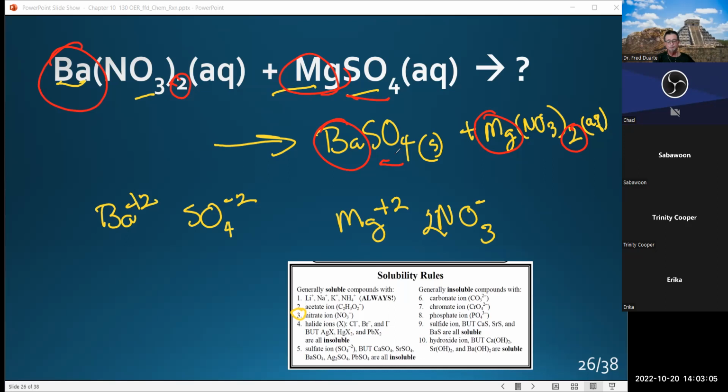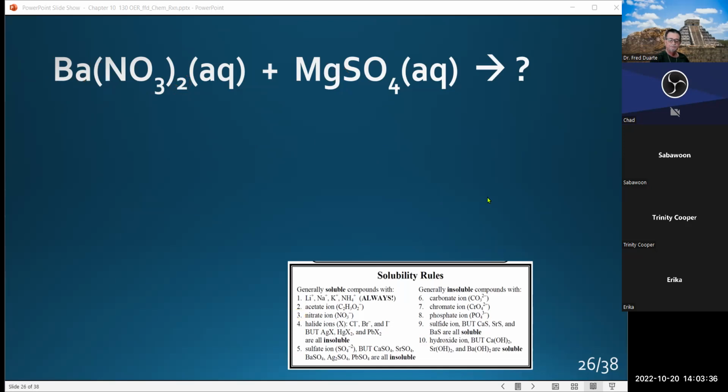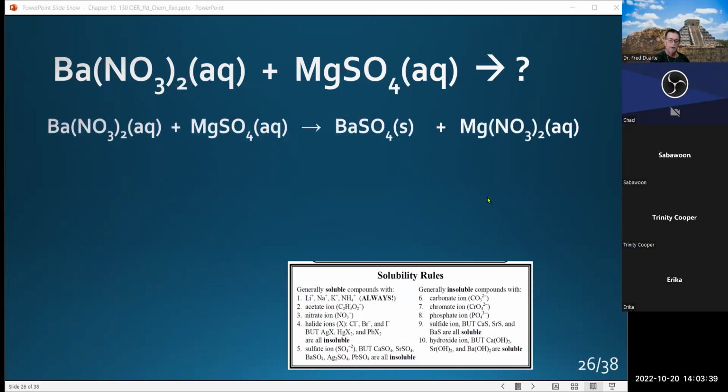It is balanced. Now, the thing here with respect to balancing, follow the polyatomic ions, the sulfates, the nitrates, etc. And balance those as a whole, as a unit. Yes, if you want, you can sit there and count all the nitrogens, all the oxygens, but it's not necessary. You just follow the polyatomic ions, and by default, everything falls into place. So this reaction proceeds as follows, and it's balanced already.